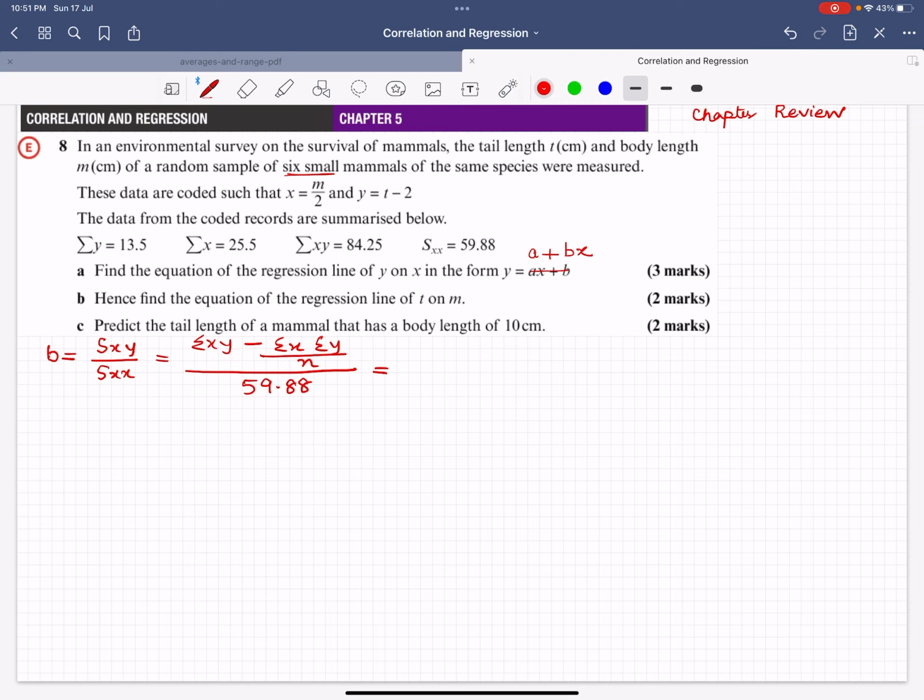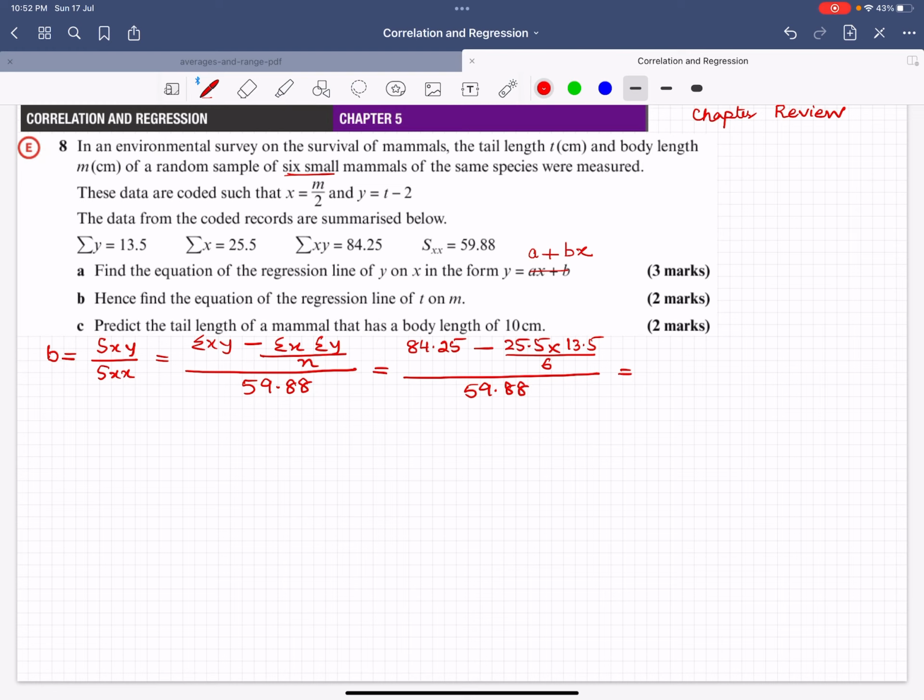Sigma xy is 84.25 minus sigma x, 25.5, multiplied by sigma y, which is 13.5, divided by 6, and all of it divided by 59.88.